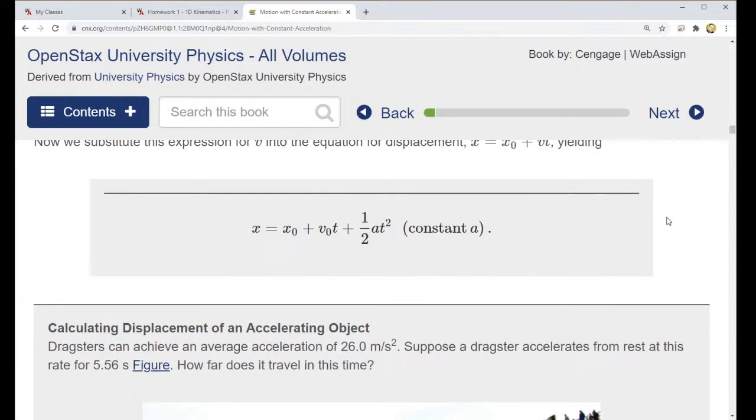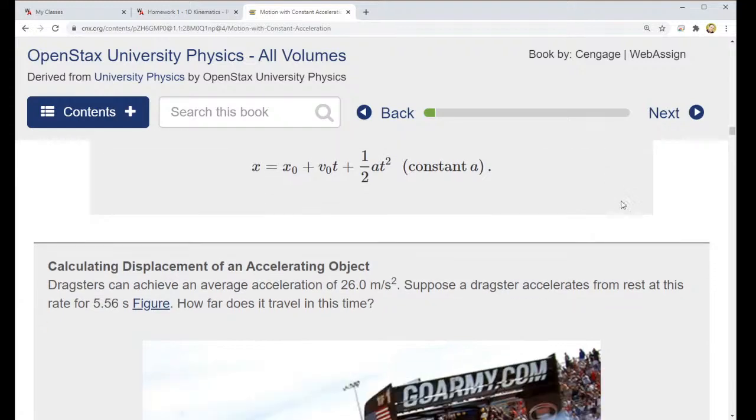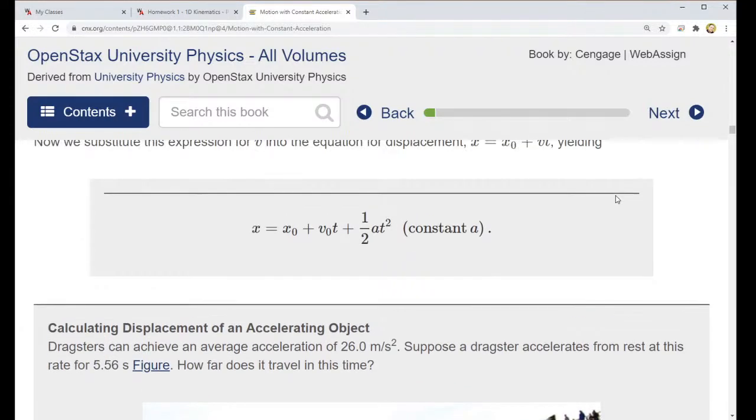And this equation would be useful in a situation where you don't know how fast you're going, v, at the end of some interval of time, but you know your rate of acceleration, you know where you are, x, and where you started, x naught, and you know how fast you were going when you started. All right. And so let's add that to our toolbox.